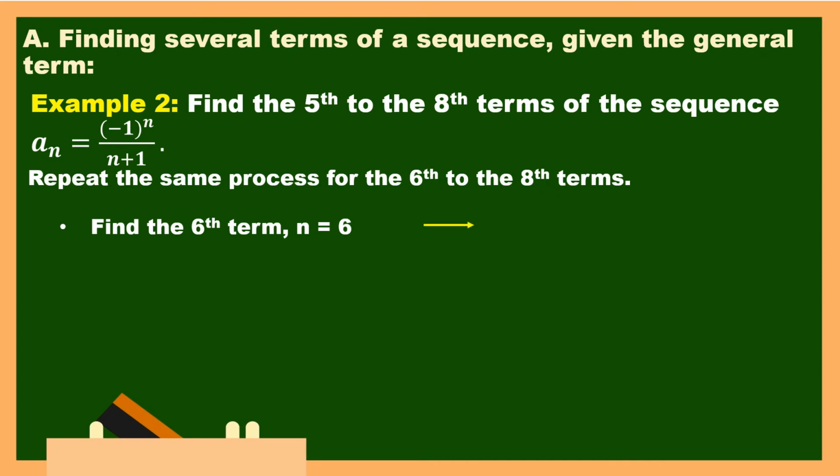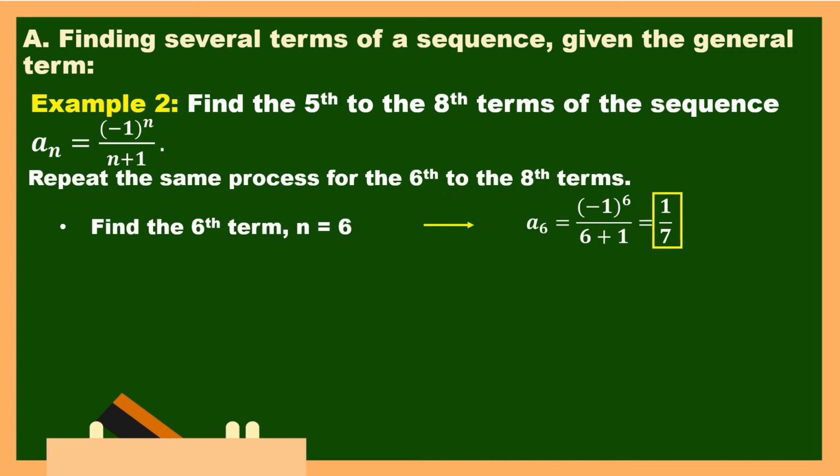So, magiging a sub 6 equals the quantity of negative 1 raised to 6 all over 6 plus 1. And negative 1 raised to 6 is equal to positive 1, and 6 plus 1 is equal to 7. And the result of a sub 6 is equal to 1 over 7. That is now the value of our 6th term.